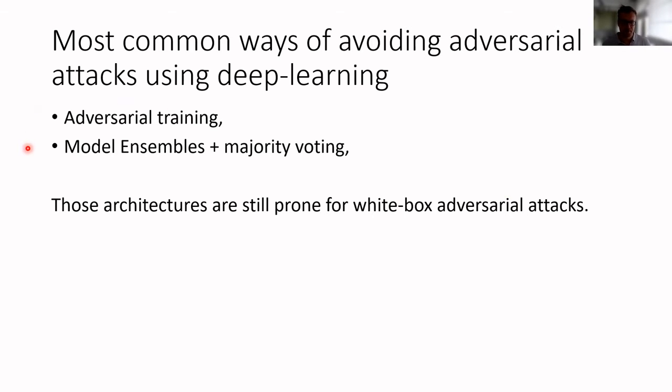Another possibility which people use a lot is to do model ensemble and majority vote. Imagine that you can say, yes, someone can fool my classifier, one single neural network. So let's build an ensemble of dozens or hundreds of different neural networks, possibly with different architectures, and then it will be harder to fool.